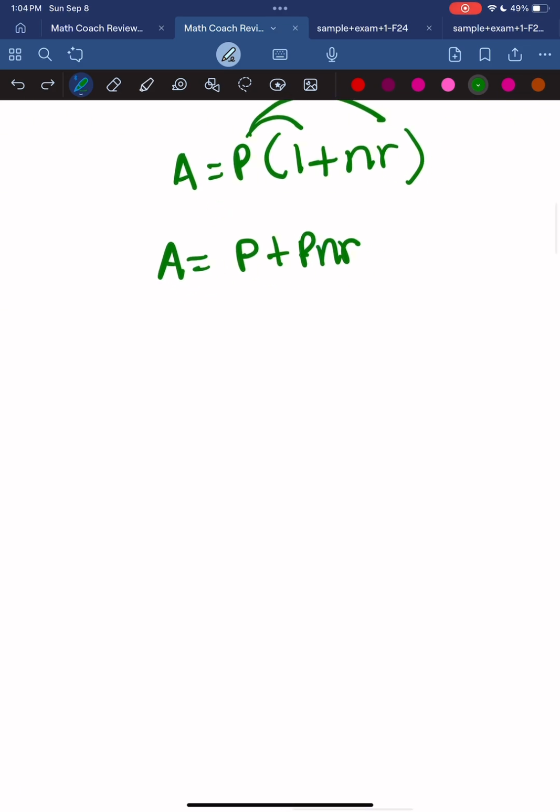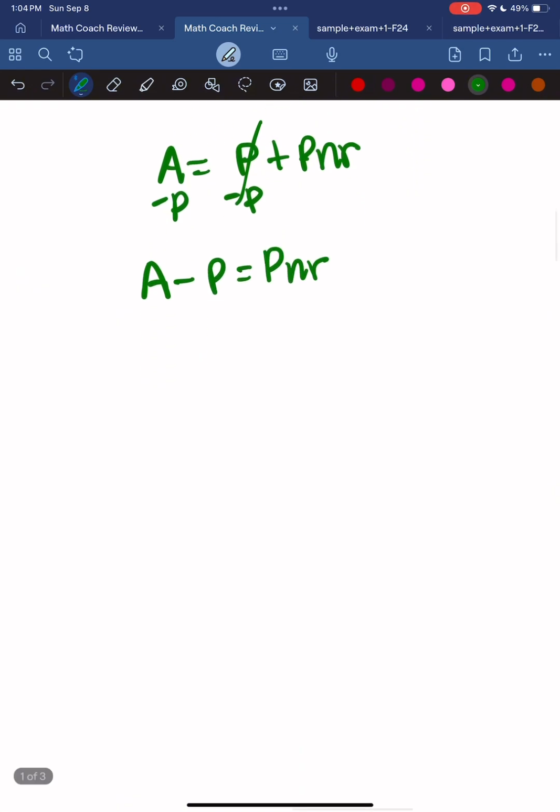Now, we want to isolate n. So the easiest way we can do that first is to subtract P from both sides. So we have A minus P equals PNR. And now, in order to isolate n, we're going to have to divide by PR, because we want to isolate this n, and it's being multiplied by PR, so we want to divide by it.